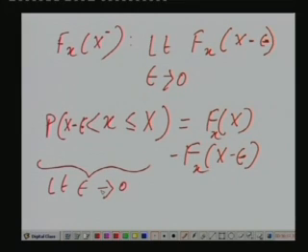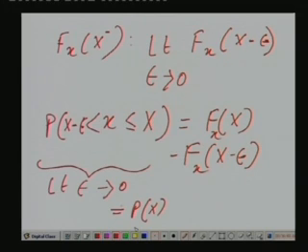Obviously, as epsilon becomes smaller and smaller, this lower limit becomes closer and closer to capital X. So the gap between capital X and this becomes smaller and smaller. So in the limit, small x coincides with capital X. So when I take the limit with epsilon tends to 0, this goes to P x.